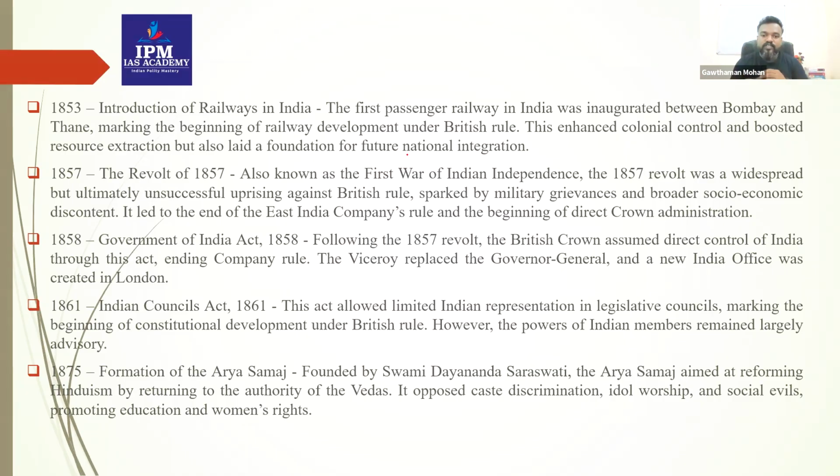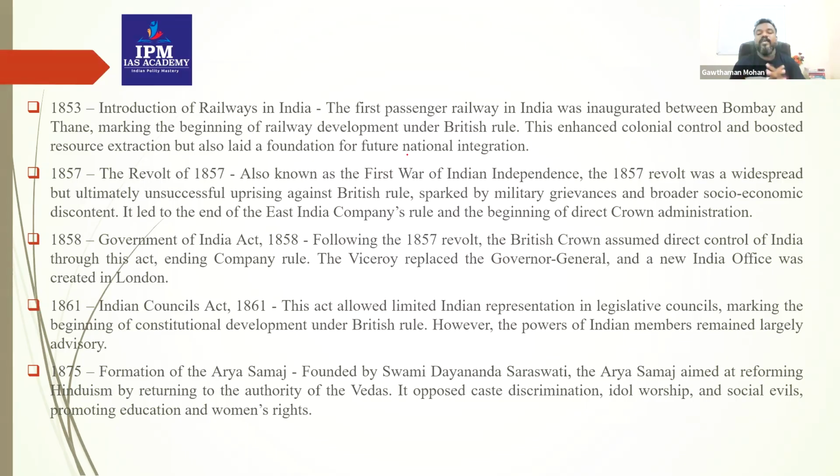One was the use of greased cartridges by the soldiers. All these ended up in the revolt of 1857, also known as the First War of Indian Independence. It was a widespread but ultimately unsuccessful uprising against British rule, sparked by military grievances and broader socio-economic discontent. It led to the end of the East India Company's rule and the beginning of direct Crown administration.